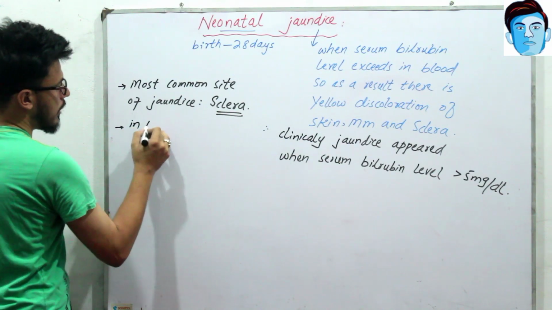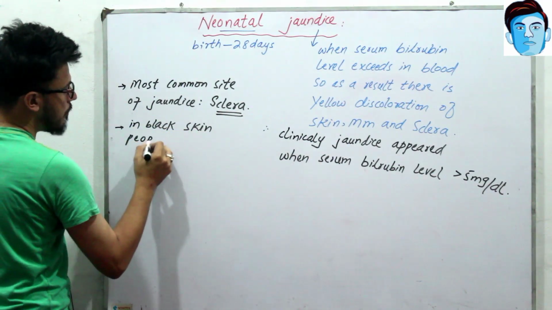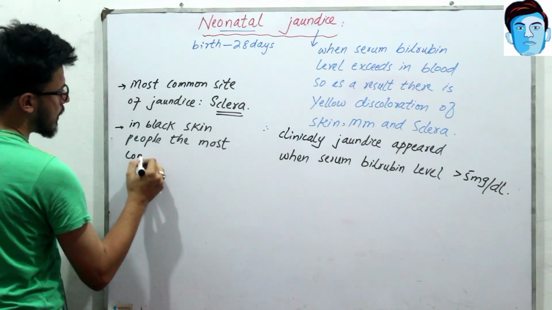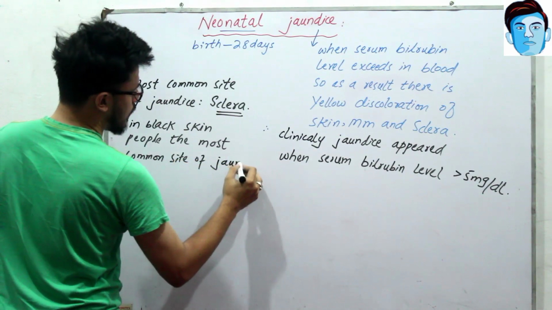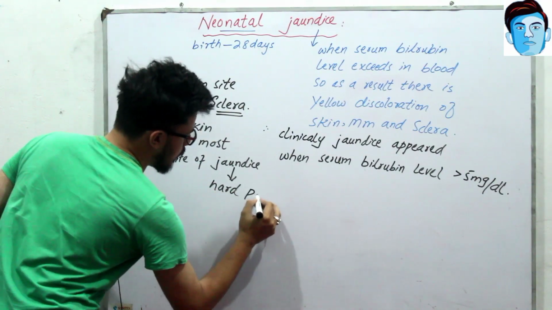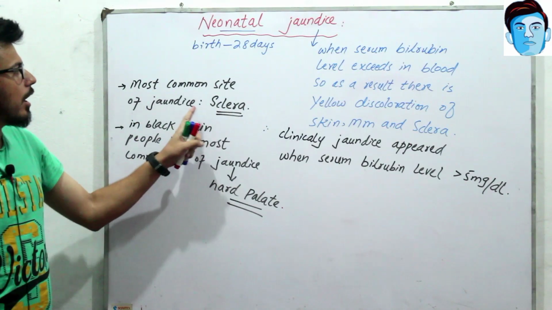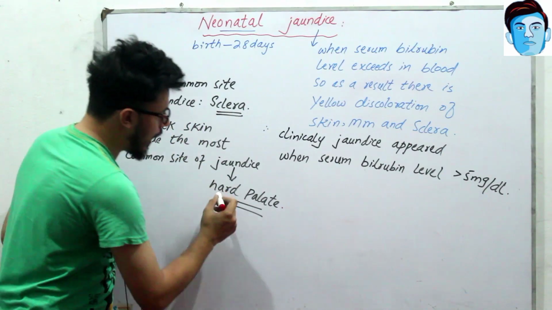In black skin people, the most common site of jaundice is the hard palate. So don't forget it, it is important.